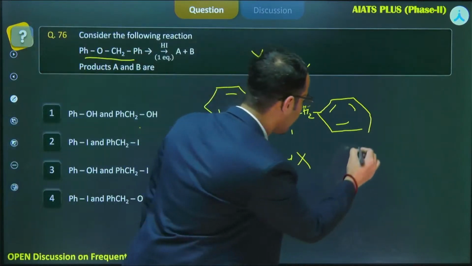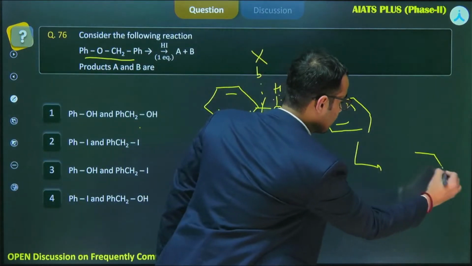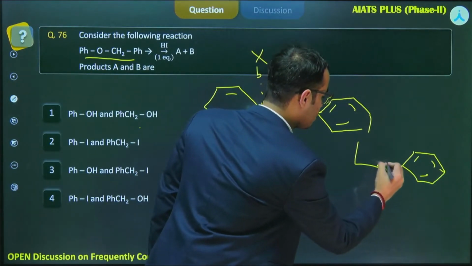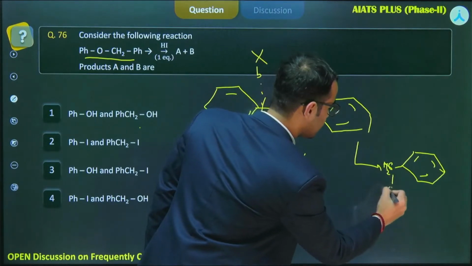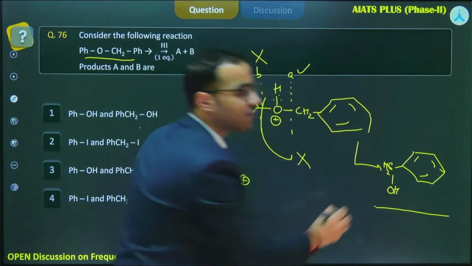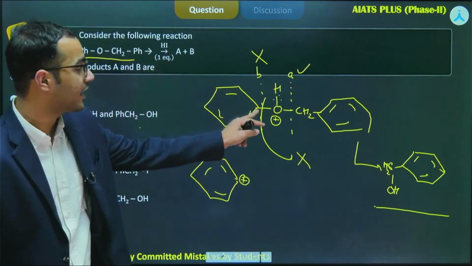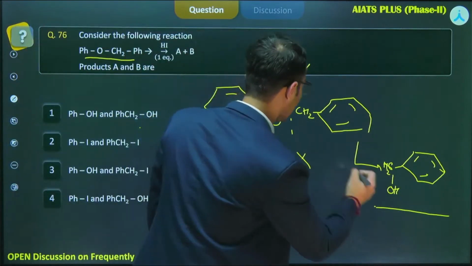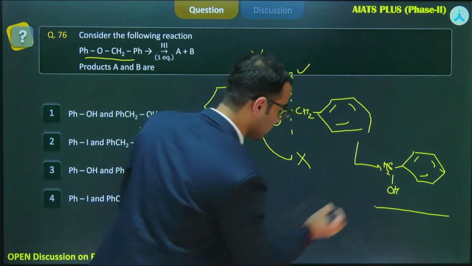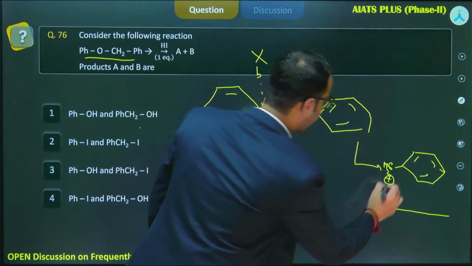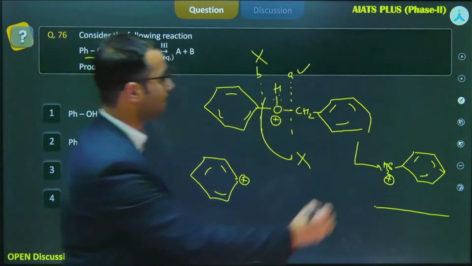This yields one of the products. What will it be? It will be this PhCH2 and this is OH. This is one of the products, okay? And the next product is, you are getting this CH2 positive. My bad, it's CH2 positive from here. And you will get PhOH.